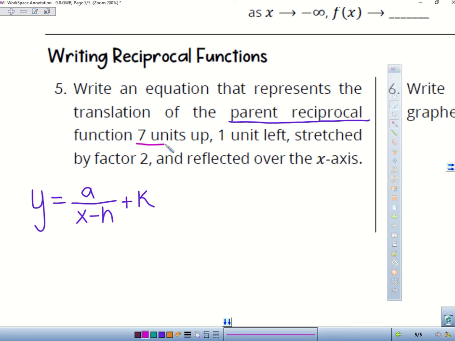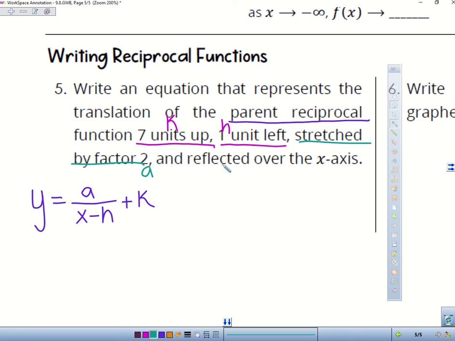So 7 units up is representative of what letter? Not H. K. 1 unit left is H, right? H is left, right. K is up, down. What is vertical stretch represented by?